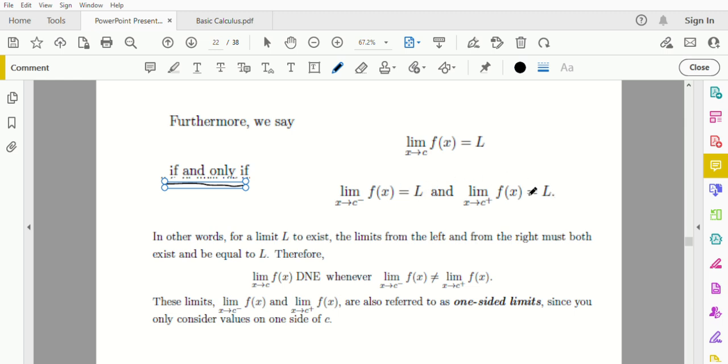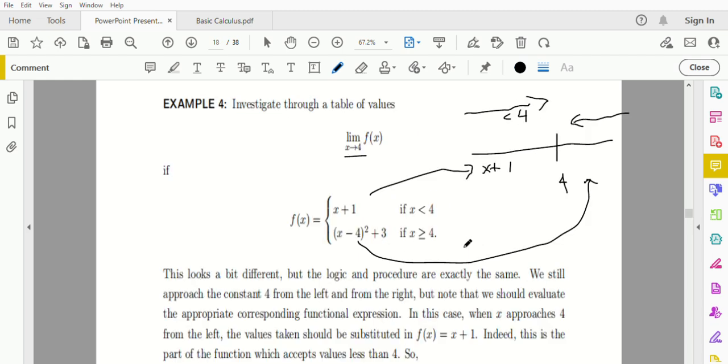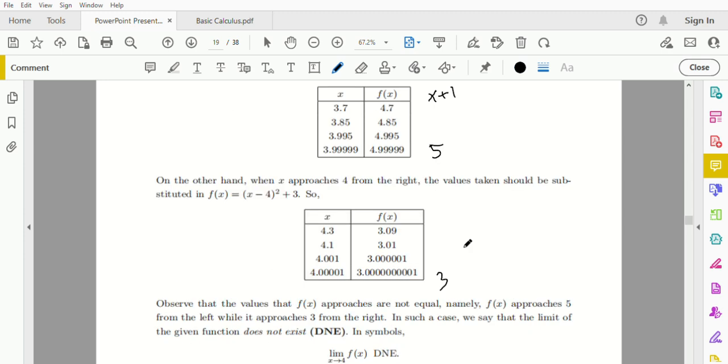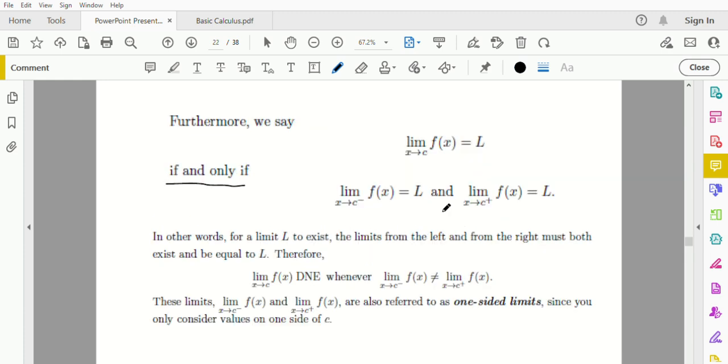Based on our previous examples, from examples 1 to 3, all of the limits approach the same values as x approaches c from the left and from the right. So in other words, for a limit L to exist, the limits from the left and from the right must exist and be equal to L, meaning they must have the same values.